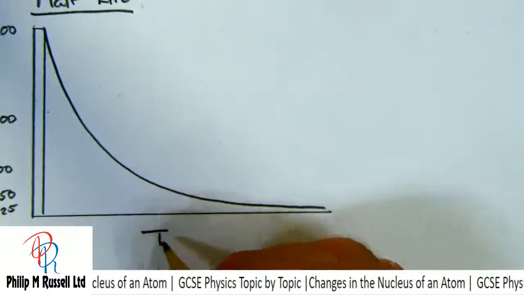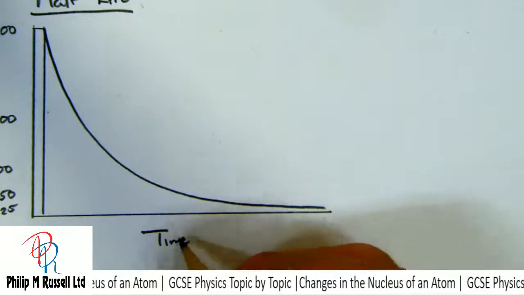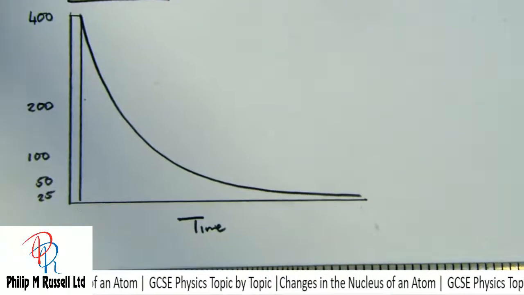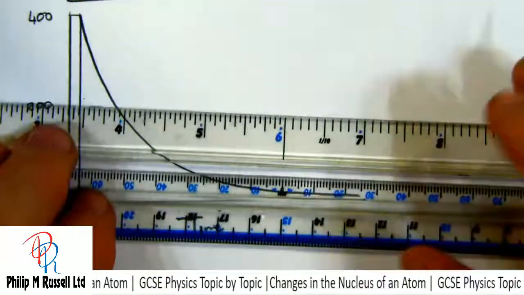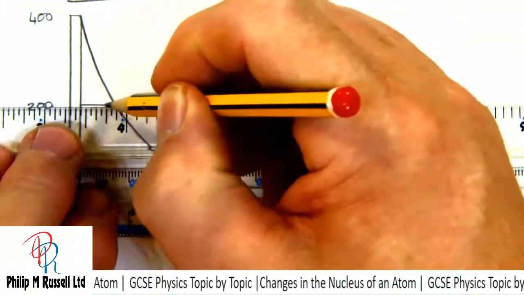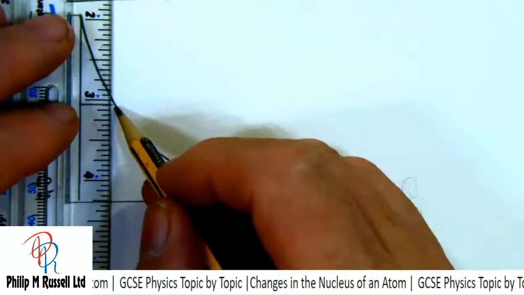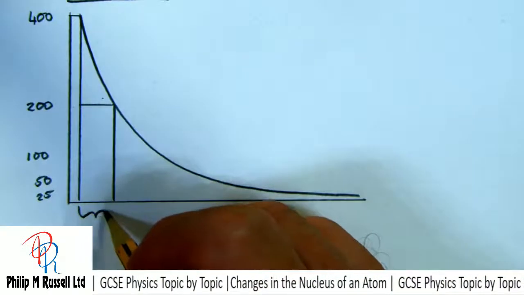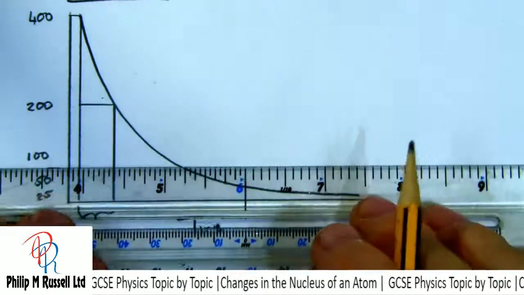This on the bottom here is time. I'll push that across for you a little bit better so you can see it. Here we've got 200, and we can measure the time here taken for half the amount to decay.